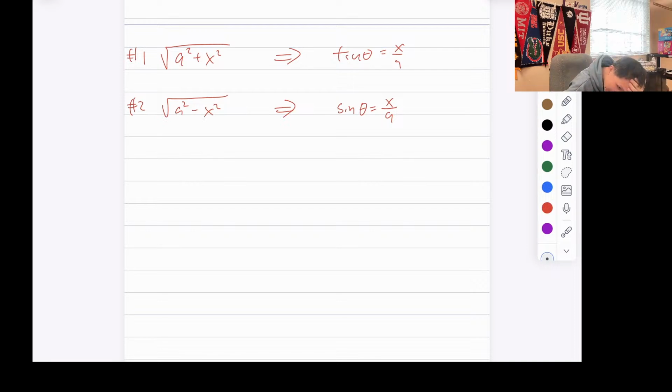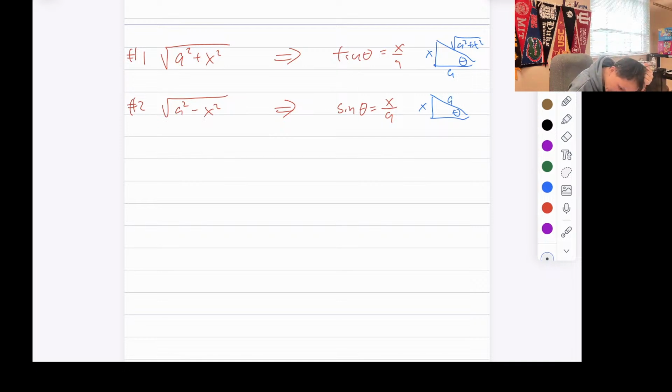And for the first one, I already built a triangle for you, right? It was theta, this is x, this is a, and this is the square root of a squared plus x squared. And this is theta, this is going to be x, and this is going to be a.